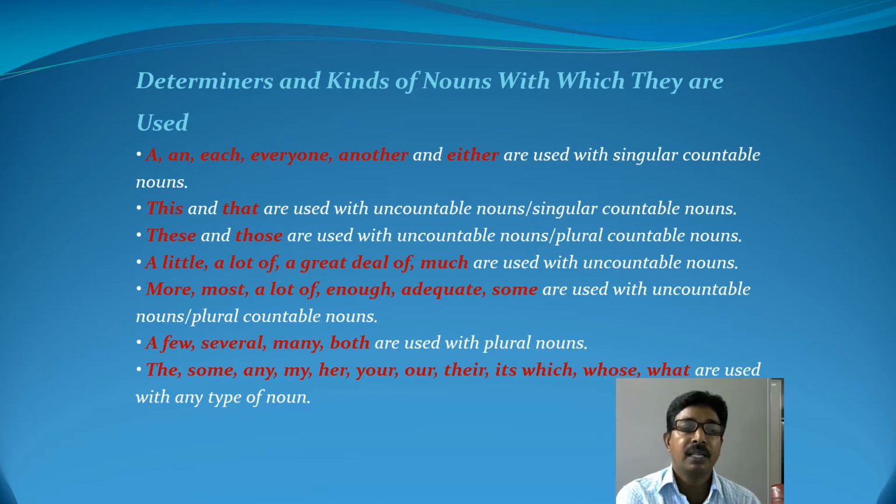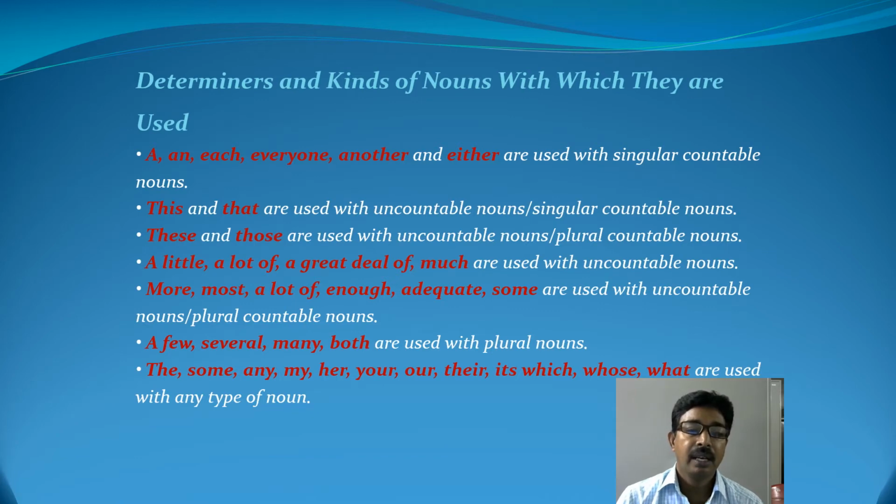And quantifiers: a little, a great deal of, much are used with uncountable nouns. And more, most, a lot of, enough, adequate, some are used with uncountable nouns or plural countable nouns.